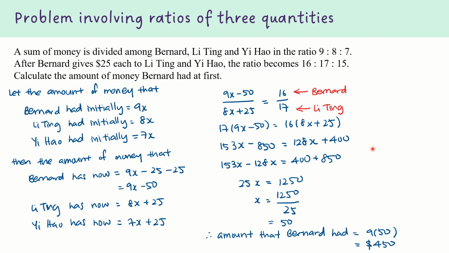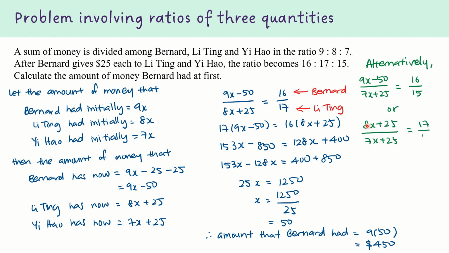So alternatively, instead of expressing Bernard to Li Ting, we could definitely choose other forms of expression. So I could consider having Bernard versus Yi Hao. So that will actually look like that. Otherwise, we could also consider having Li Ting versus Yi Hao, which will give us an equation looking like this.